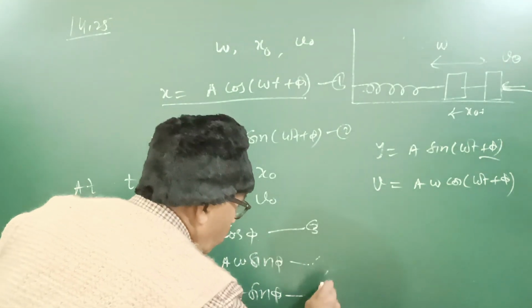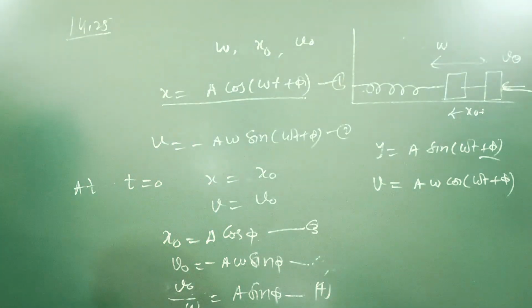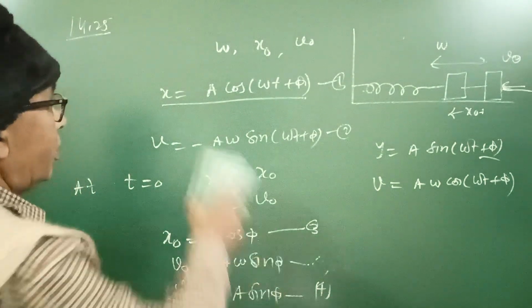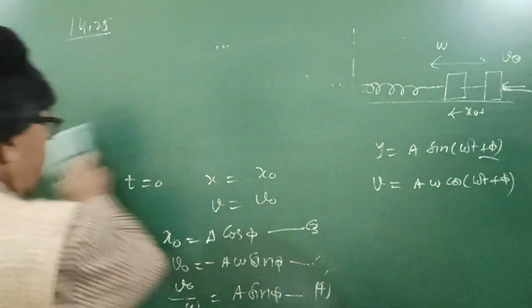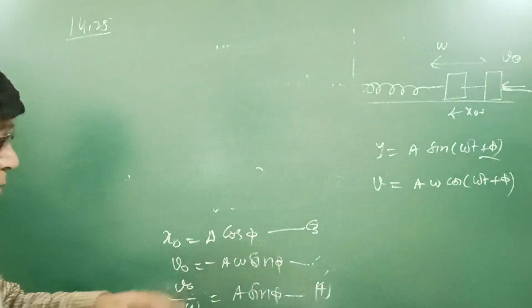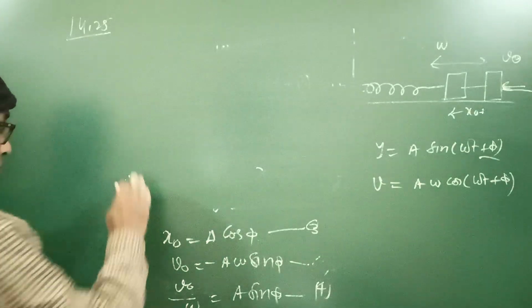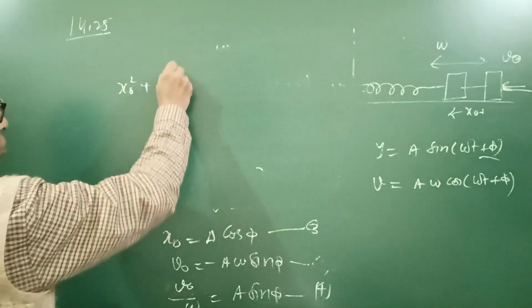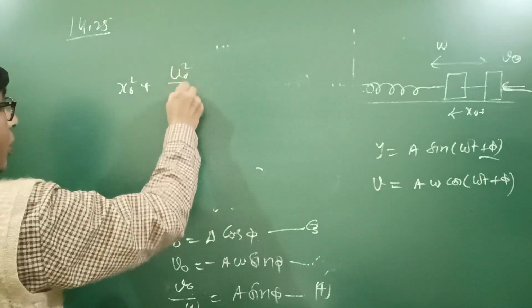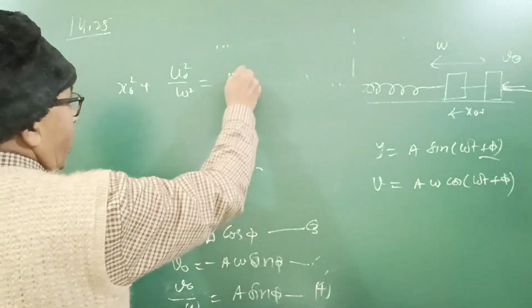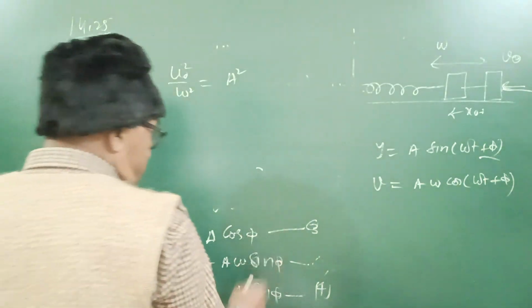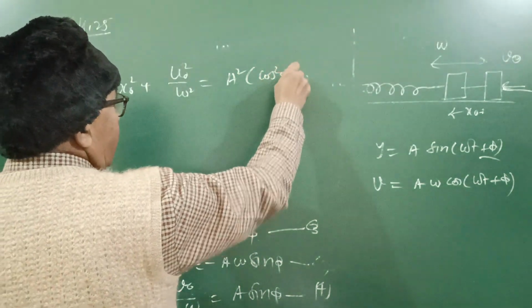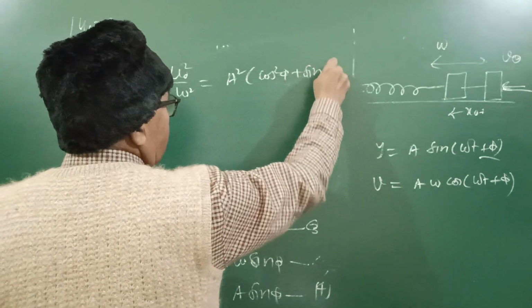Take this equation 4, because we want to square and add both sides to know a square. Squaring both sides of equations 3 and 4 and adding them, we get x0 square plus v0 square upon omega square equal to a square times cos square phi plus sin square phi.